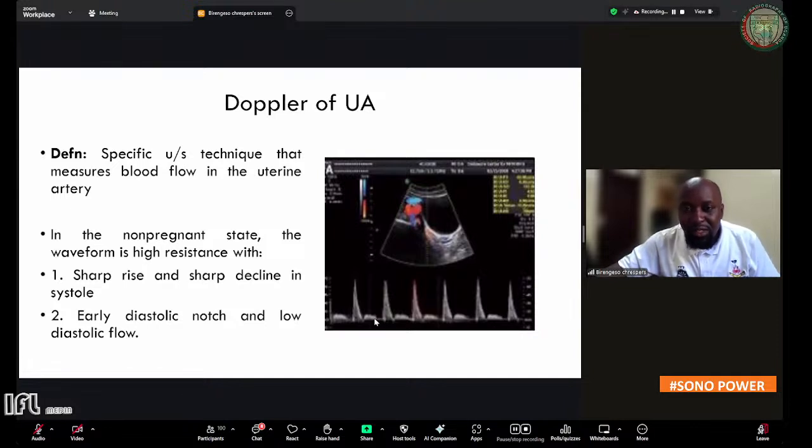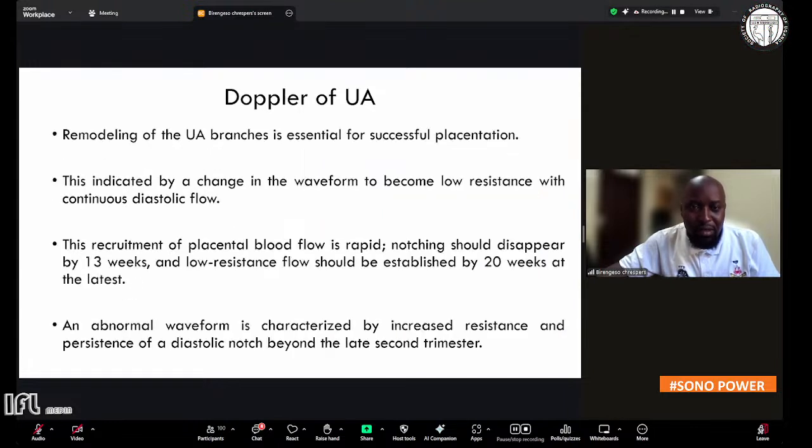He has been telling us about the vascular bed that is being provided. What is key here is that for successful placentation to happen, there should be remodeling of the uterine artery. What causes this?